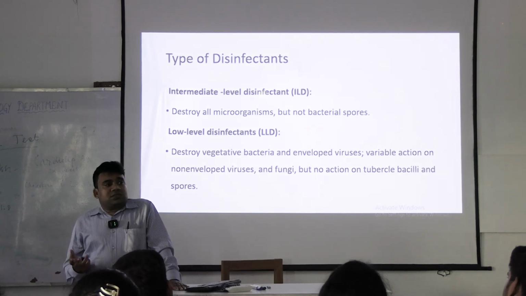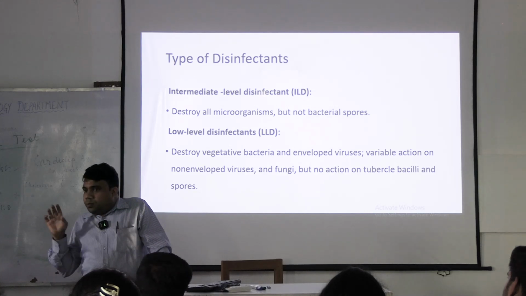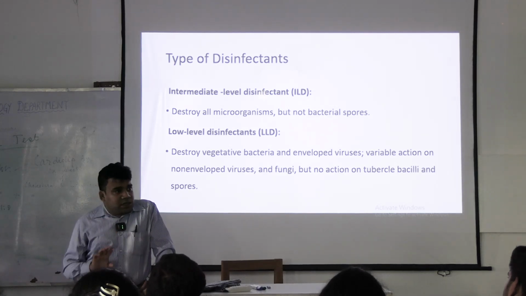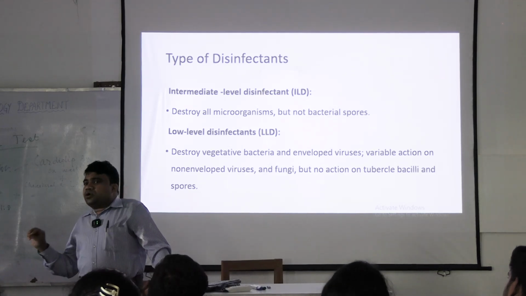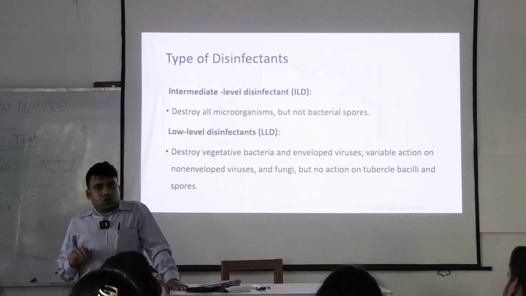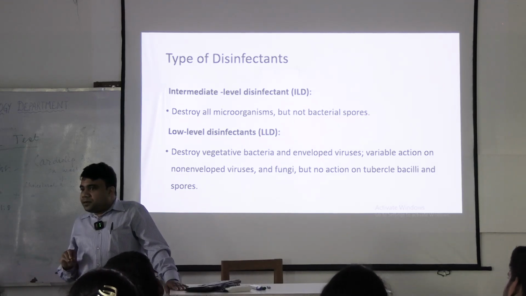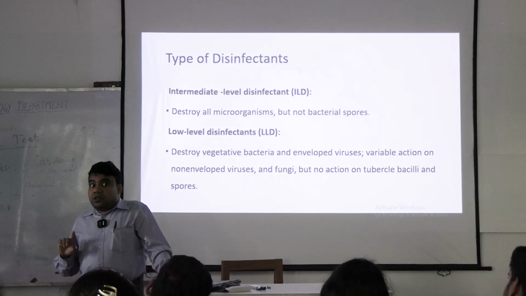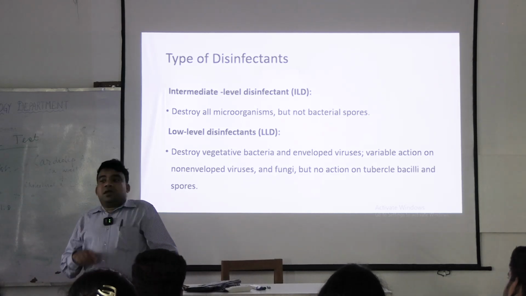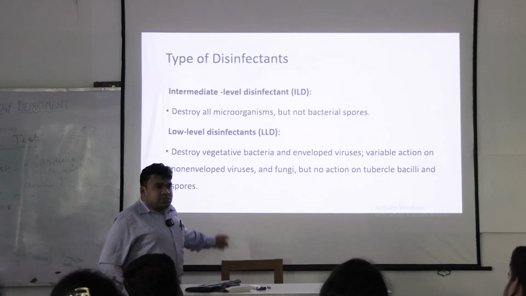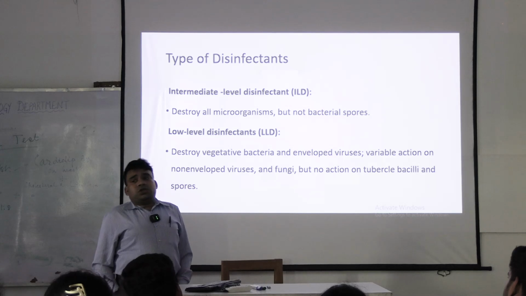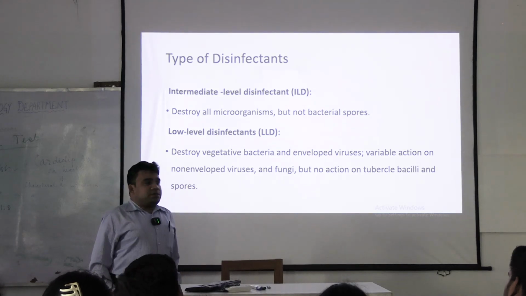So what do we suggest? To spit in a particular container containing some sort of disinfectant so that the bacilli can be killed, right? What sort of disinfectant? Can we use a low level disinfectant in that case? No, we need to use an intermediate level disinfectant.